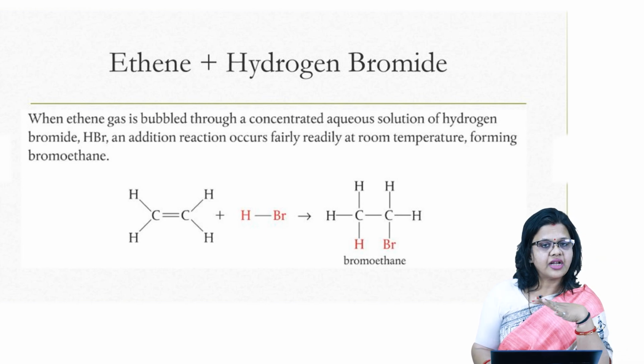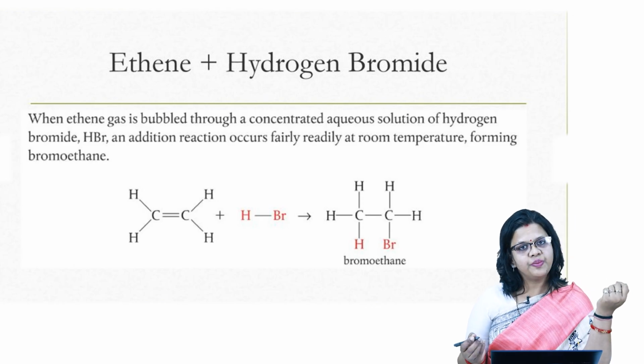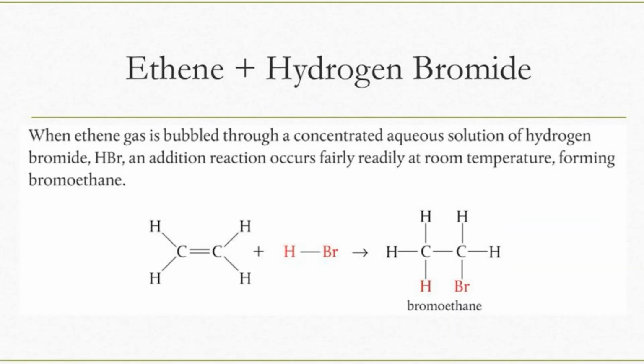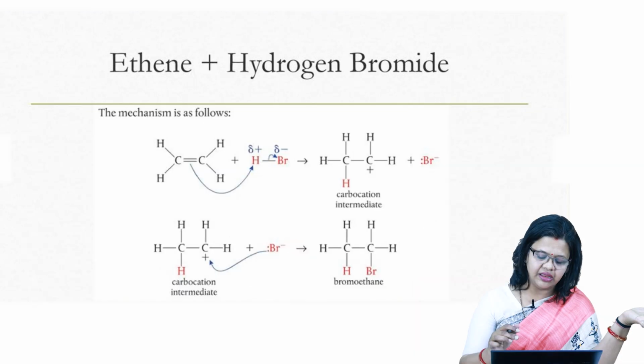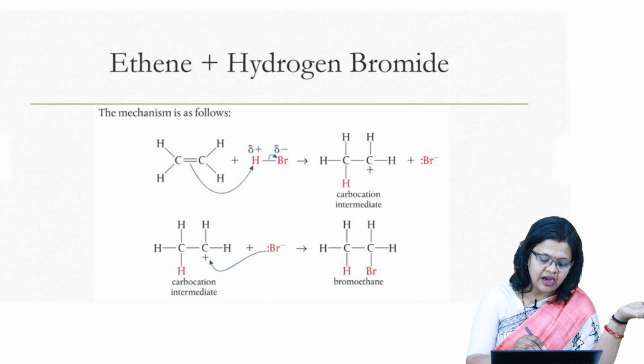Now, when this reaction occurs, since HBr is already a polar molecule, the bond fission will occur as heterolytic fission, resulting in the formation of H+, a proton, and a Br- anion.